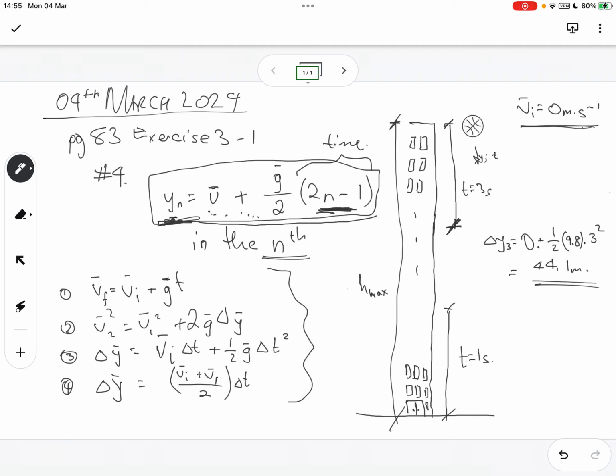So it's a measure of the distance, or the displacement, the ball travels for any amount of time. So let's come up with our own and see if we can get something similar to that. Because it looks like it's displacement equals initial velocity plus a half g times t.